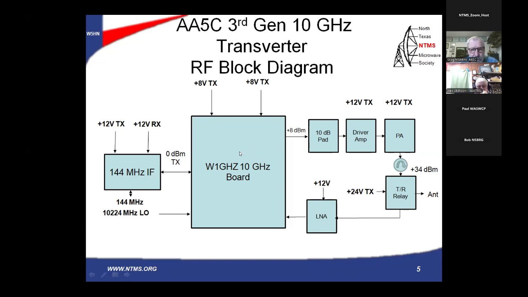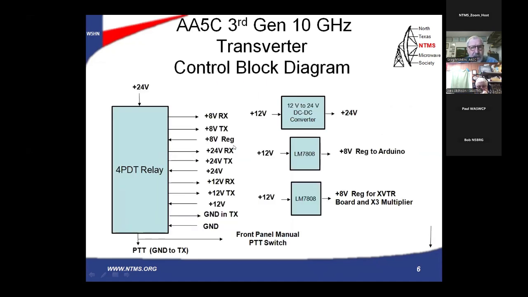So pretty straightforward. On the control side, I used a 4-pole double throw relay to get switching for 8 volts, 24 volts, 12 volts, and 12 volts. I didn't need to put in a sequencer in this; if it got any more complicated, I'd probably need to do that.